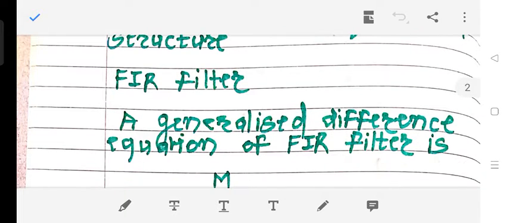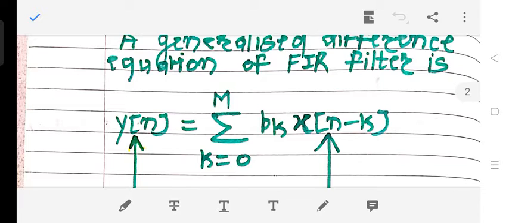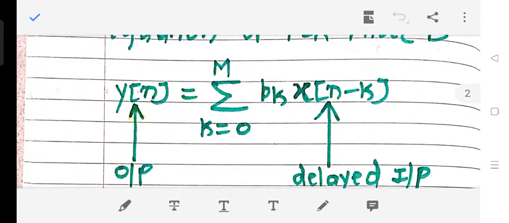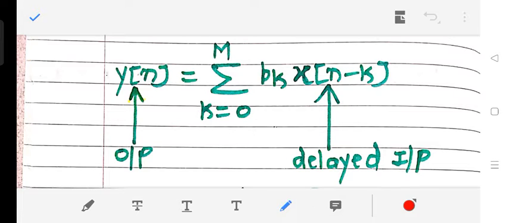So what is the generalized difference equation? The generalized difference equation for the FIR filter is y of n equals summation k varies from 0 to m of bk x of n minus k. So y of n is the output, and x of n minus k represents the delayed input.